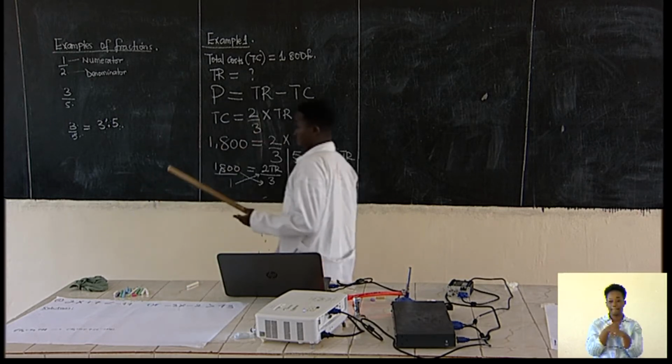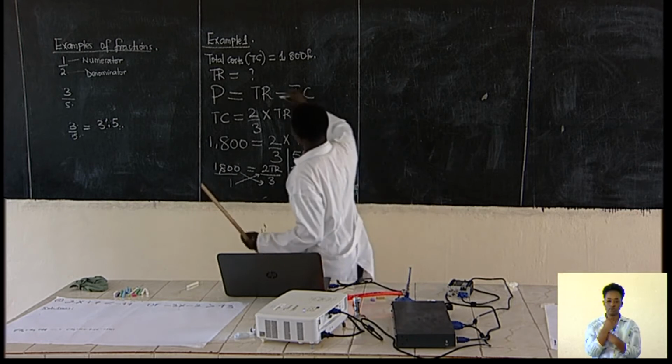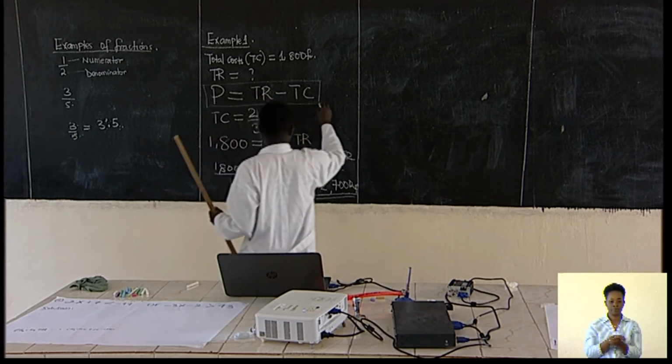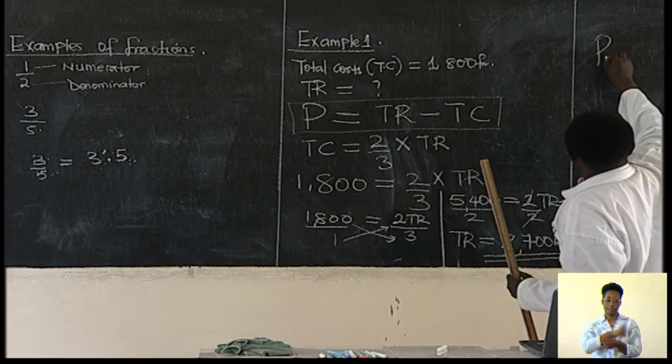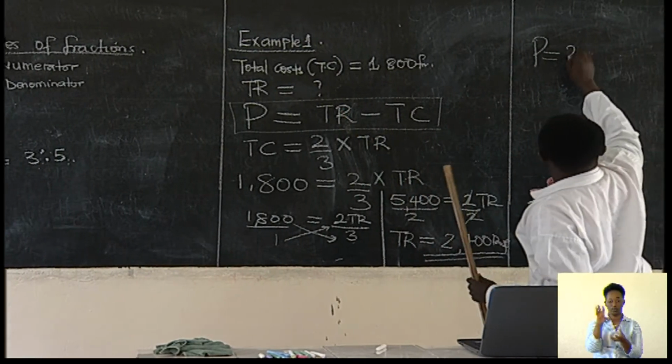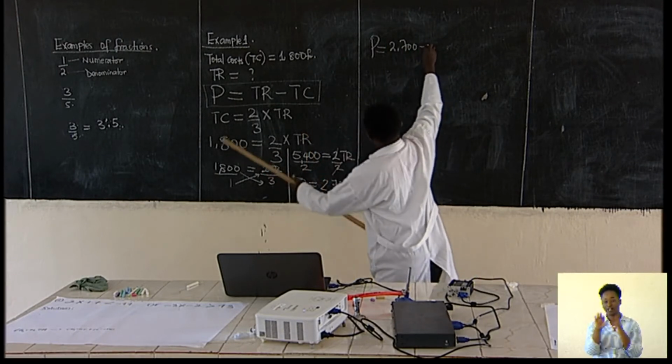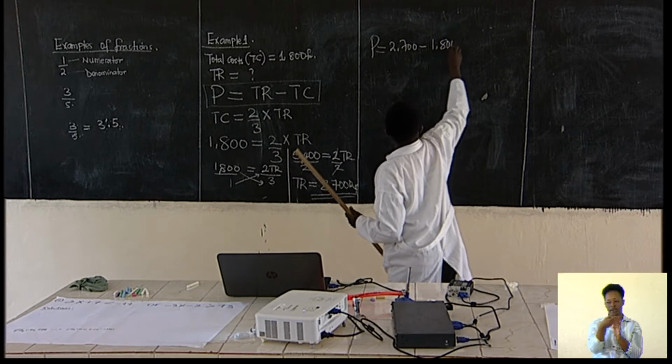But our question wants us to get the profit. So you have to come back to this equation. Our profit here, you will get our total revenue, which is 2,700, then you take away the costs, which is 1,800.